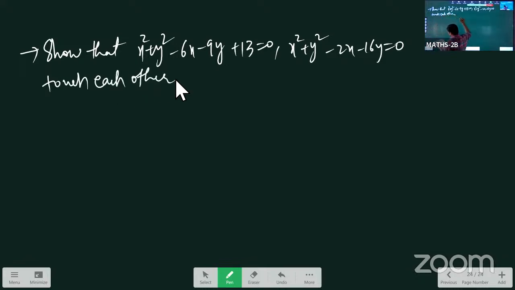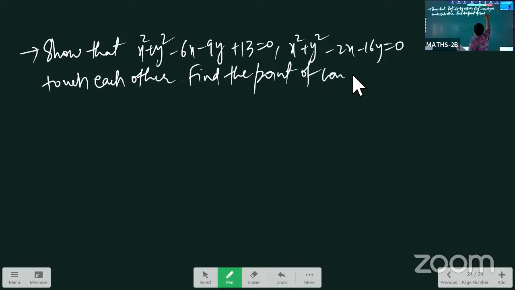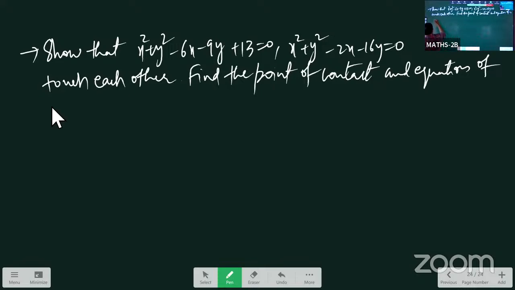Find the point of contact, and equation of common tangent.